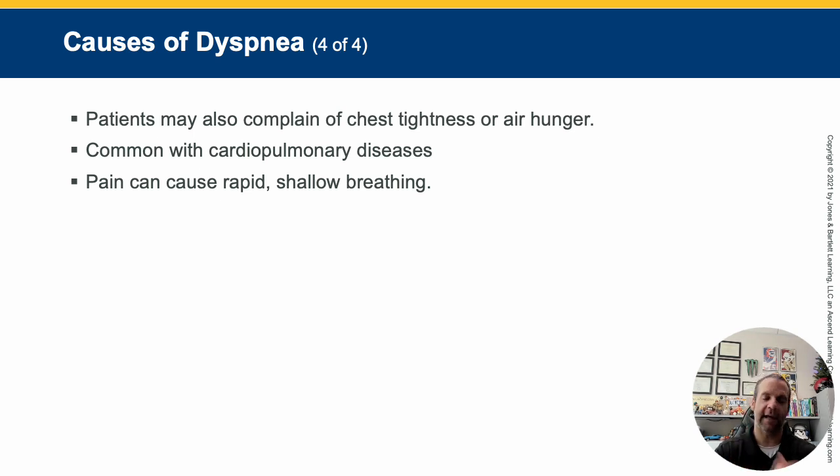Because, again, with every call, your goal is to identify the likely source of the distress and intervene, okay? And shortness of breath is one of the most universal red flags in the medical field. As an EMT, you're often going to be the first one to see it and have the first chance to intervene.